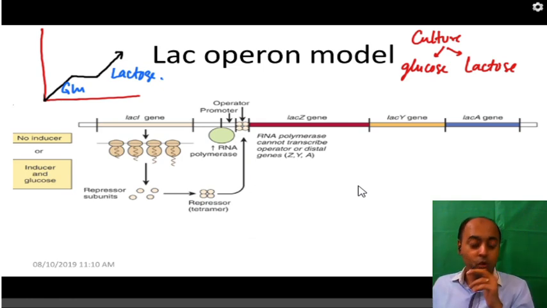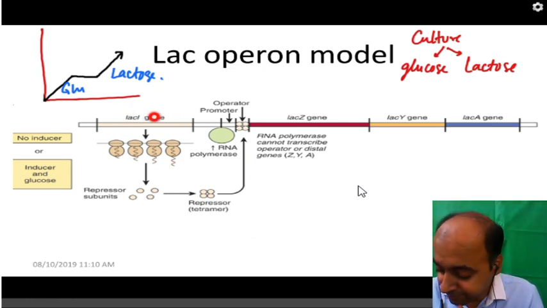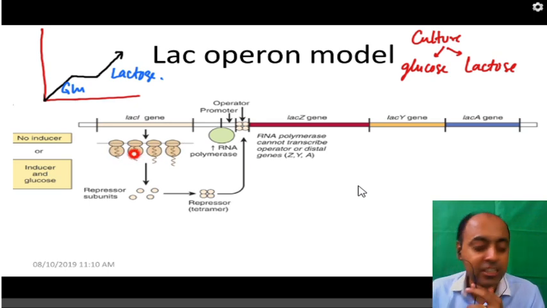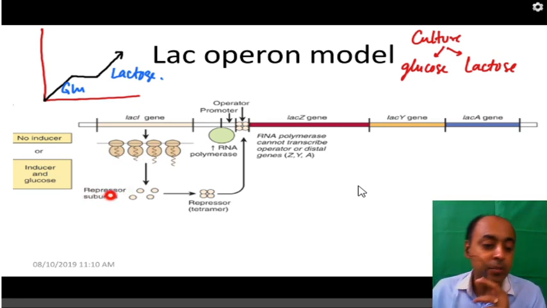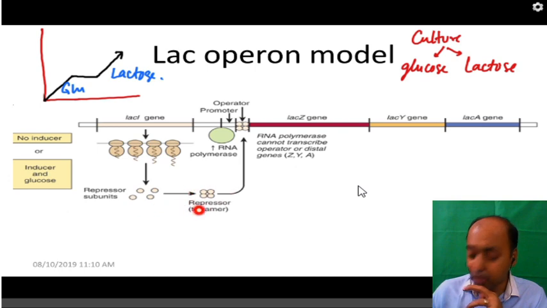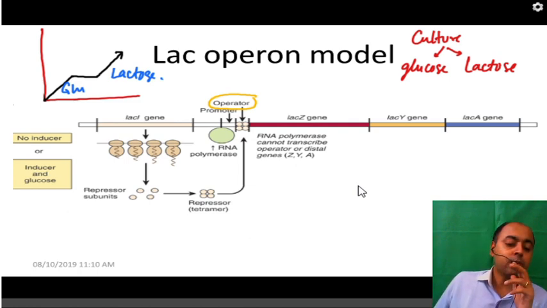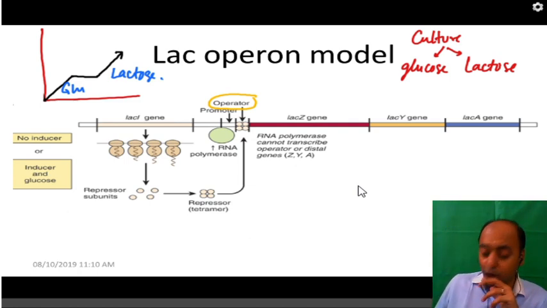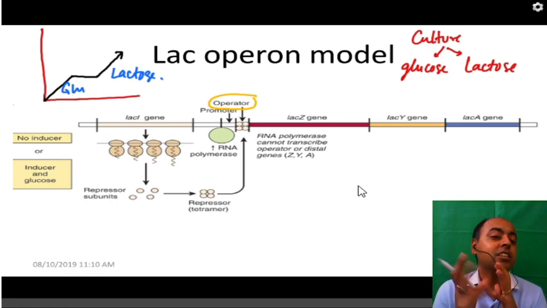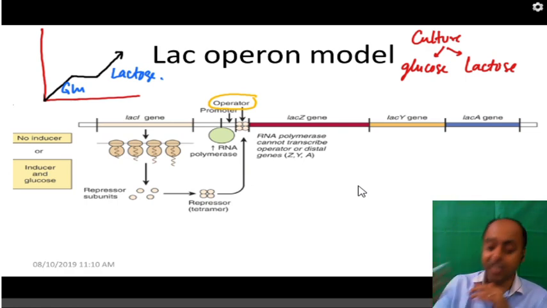So normally when glucose is there, the lac-I gene will keep getting expressed. So we get the lac-I repressor. The repressor subunits will combine to form the tetramer. It goes and attaches to the promoter site. On the promoter site, we have a segment which we have labeled as the operator. So the repressor tetramer will go and attach to the operator on the promoter. It is like a molecule attaching to the DNA template and preventing the attachment of RNA polymerase.